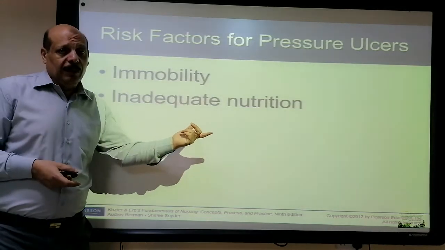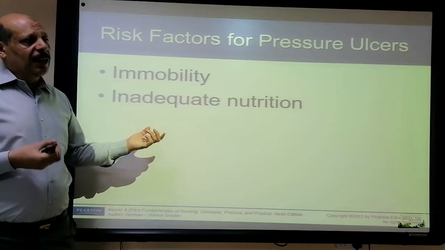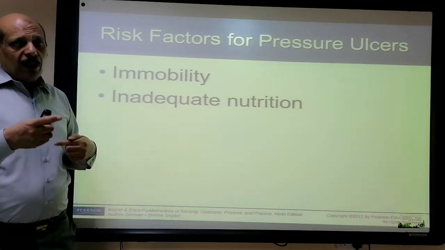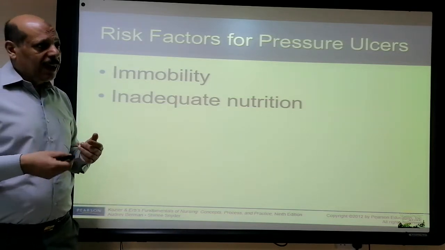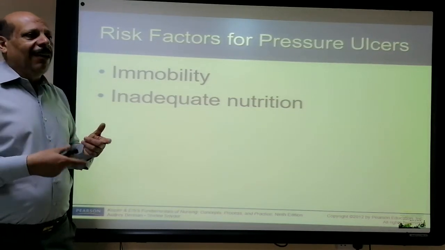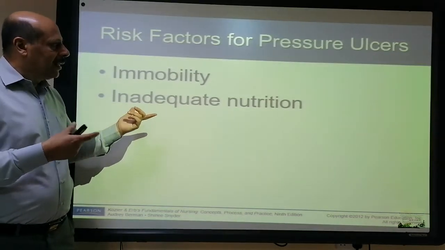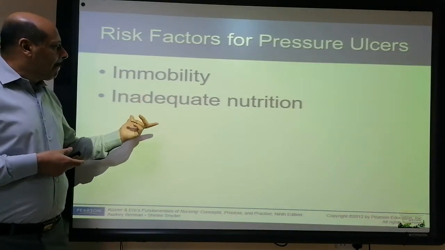Inadequate nutrition. When nutrition is inadequate, our body is in need of nutrition for the repairing of the tissues or the cells that change daily, and it also needs oxygen.